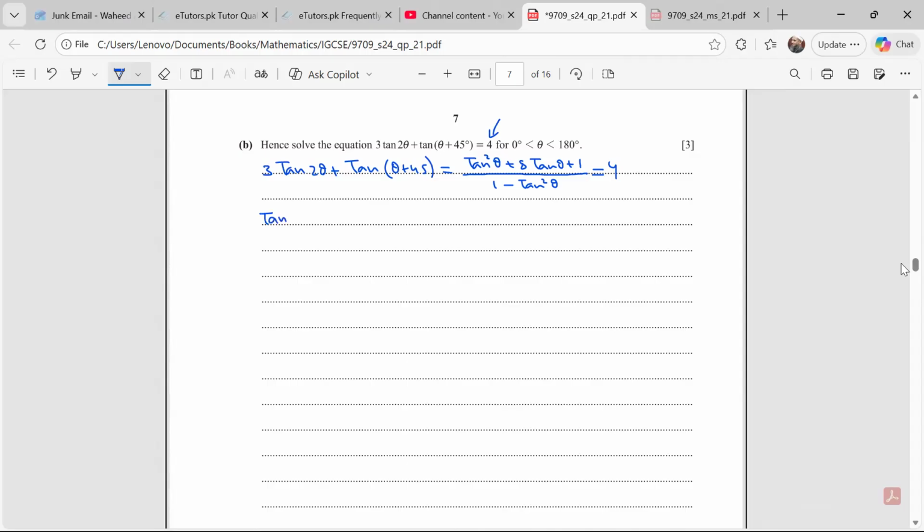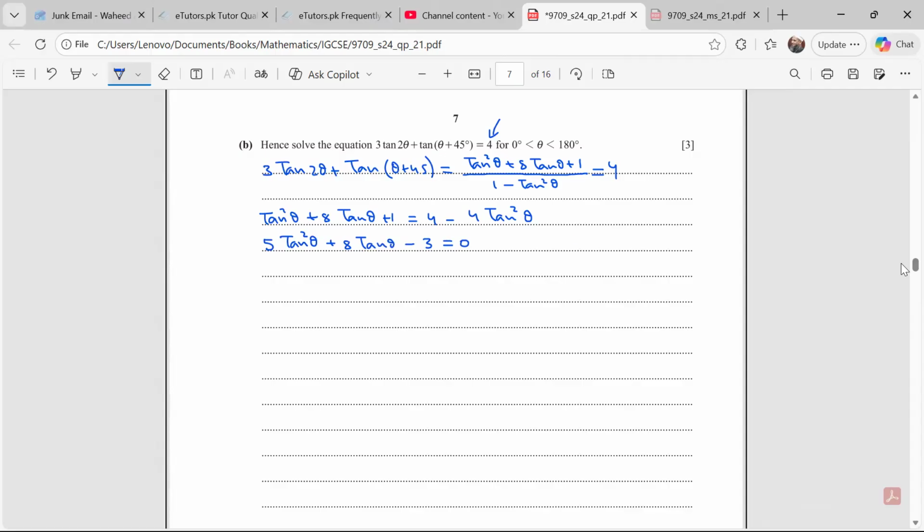If I simplify, tangent squared theta plus 8 tangent theta plus 1 is equal to, when I multiply the denominator on the other side, 4 minus 4 tangent squared theta. Taking 4 tangent squared theta to the other side, it becomes 5 tangent squared theta plus 8 tangent theta, and when this 4 comes here, it becomes minus 3 equals 0. So this is the quadratic equation I need to solve.